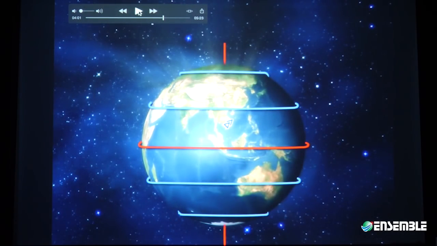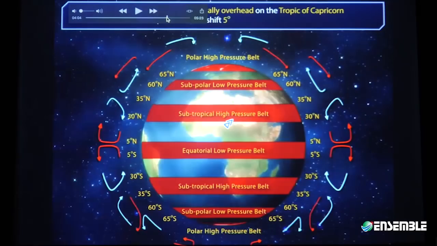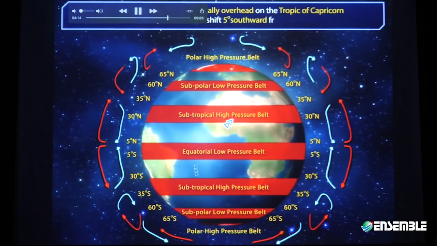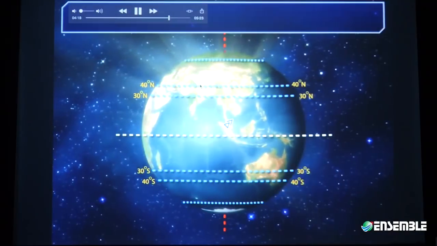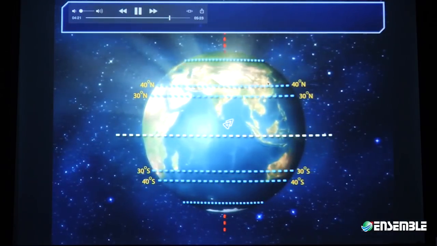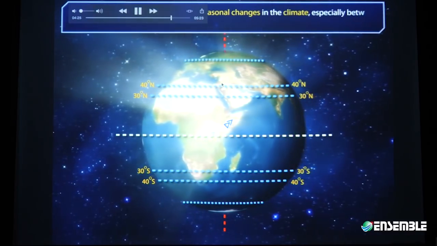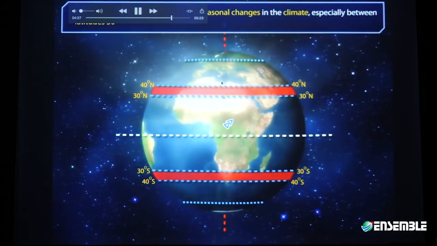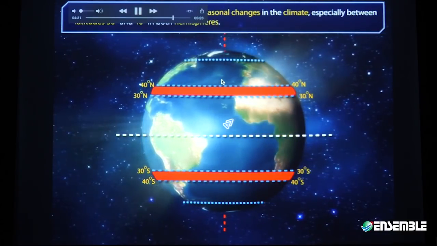In contrast, when the sun is shining southward, on the Tropic of Capricorn, the whole of it has shifted southward. That is how the pressure belts shift, and accordingly, the whole of the wind belts also shift in such a manner.